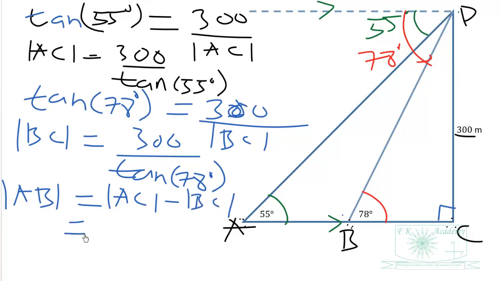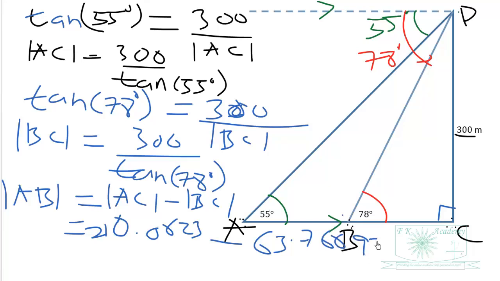So that will give us 300 over tan 55, which is giving us 210.0623, minus BC, which is 300 over tan 78, and that one is also giving us 63.76697.